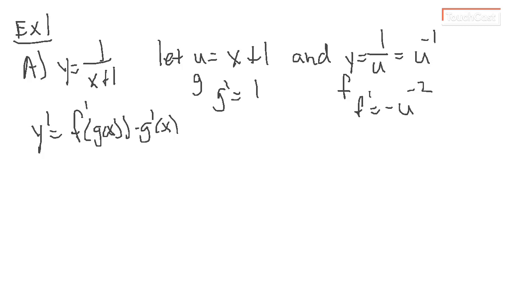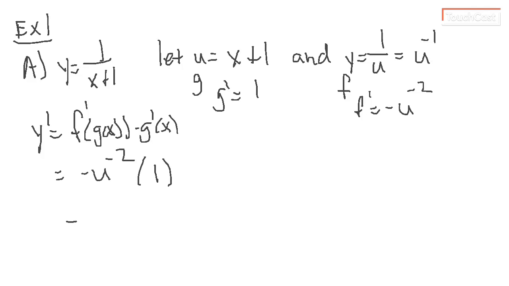So let's take everything we know. We have y prime is equal to f prime, which is negative u to the negative 2, times g prime, which is 1. Now I'm going to replace my u in my derivative with what we said u is equal to.